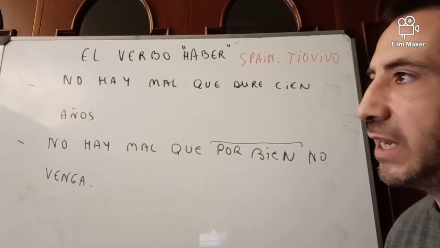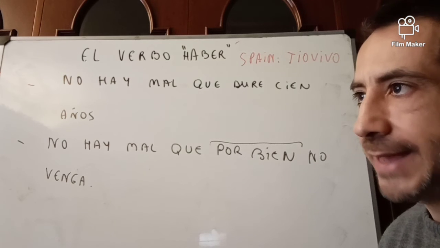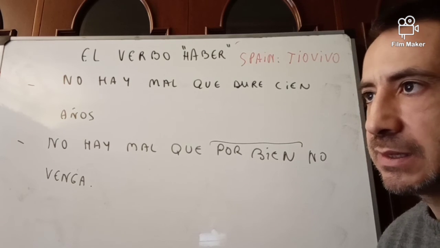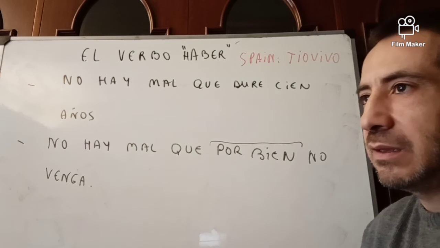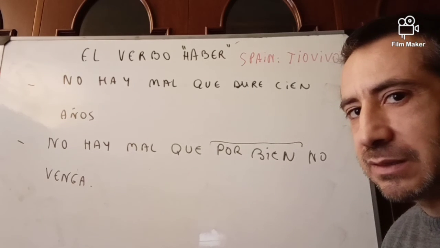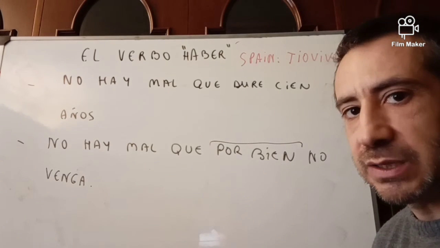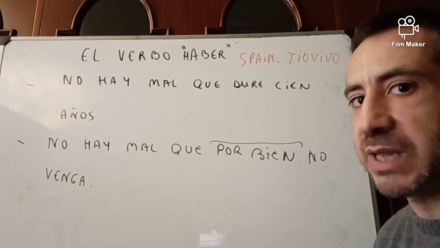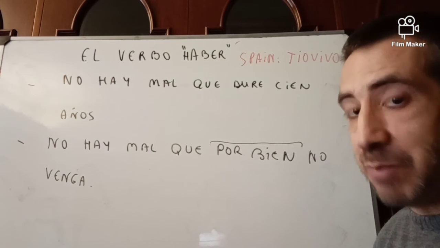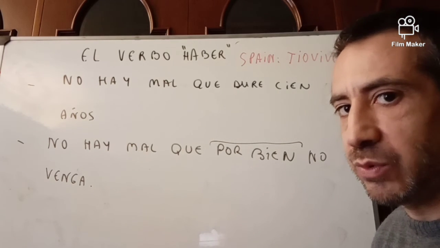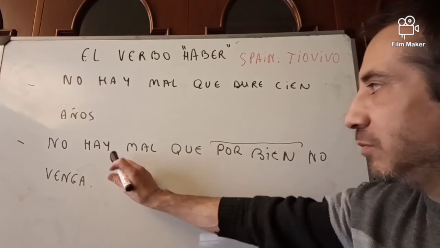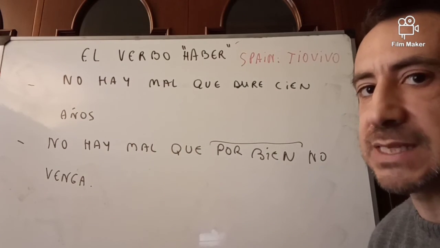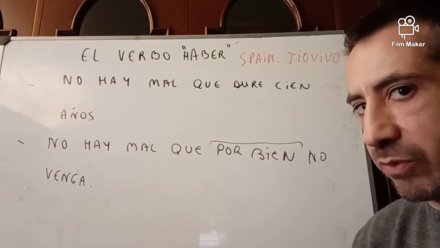It means whenever something bad happens to us, in the end, something good is going to happen to us because of that bad situation that we went through. So in the end, we'll be better than before that bad situation we had to go through.